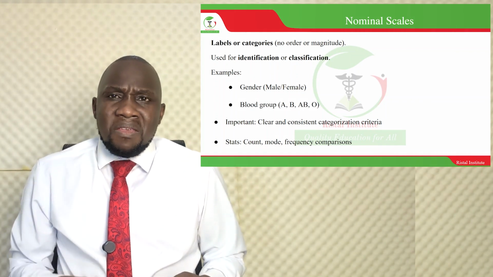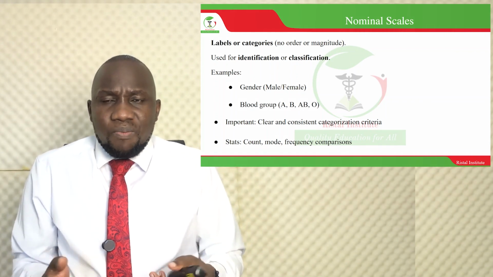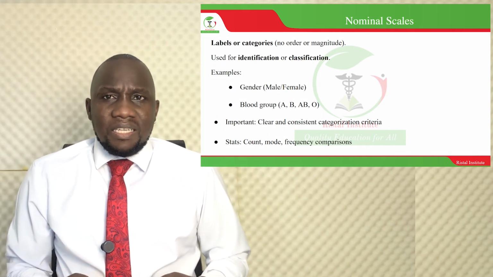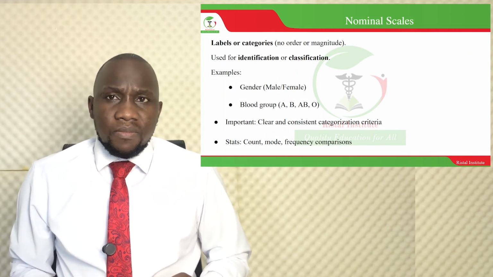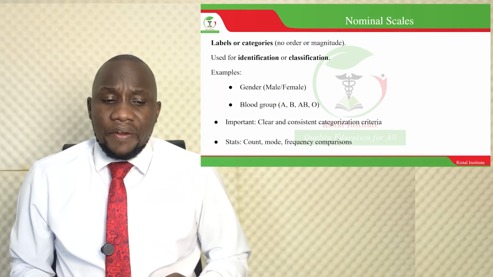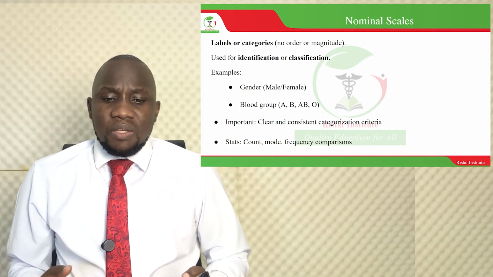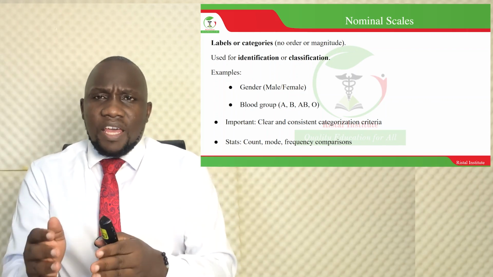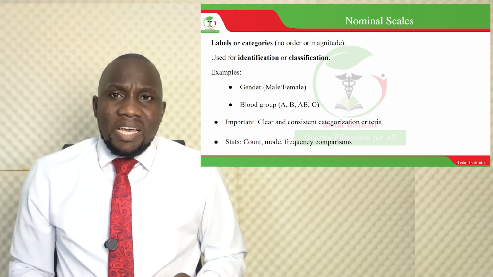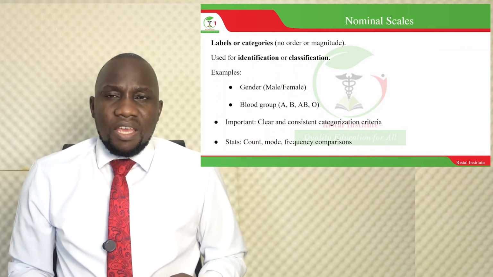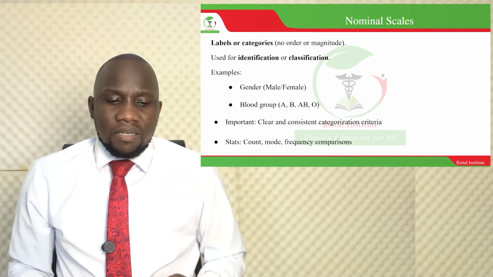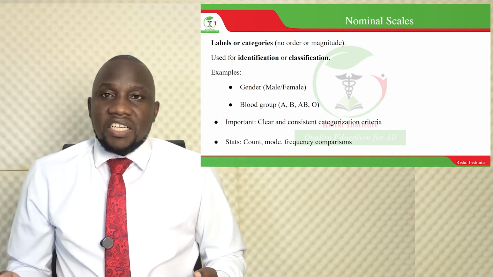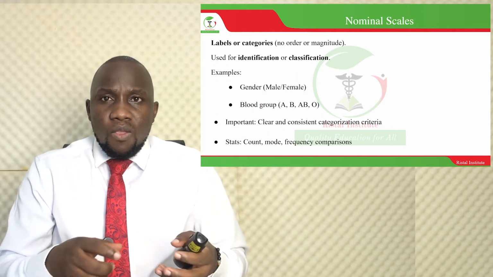So we basically use them for proper categorization of data such that we know which category we fall in, but it doesn't carry a lot of meaning, especially the order. The order does not carry a lot of meaning. So we basically use this for consistent organization of data, such that we know you belong here, you belong there, and that's that. The statistics that we can use when handling this type of data is that we can count the individual objects or data set characteristics that we have.